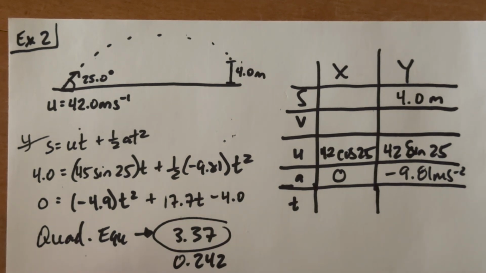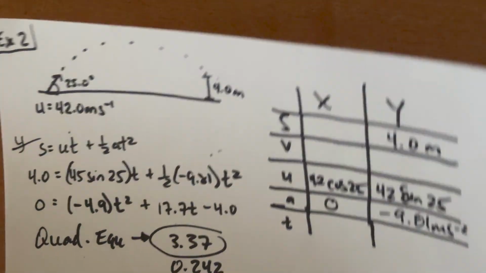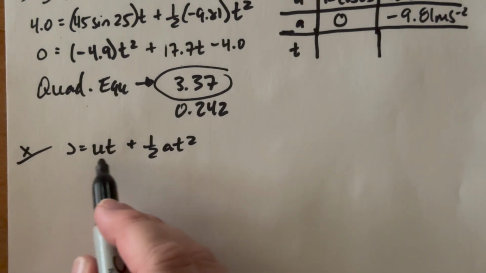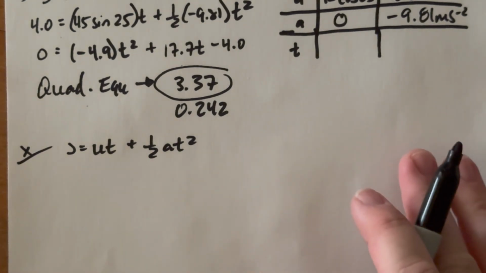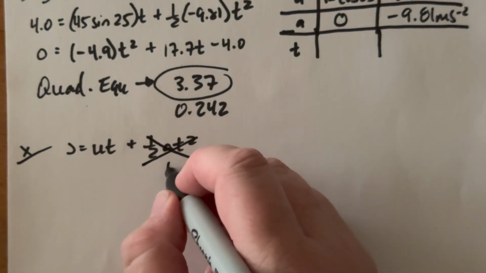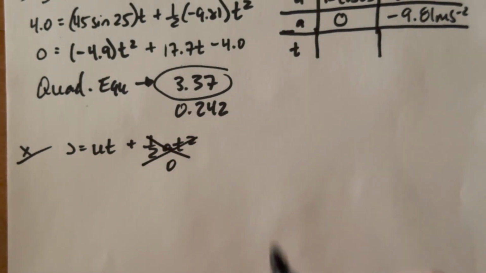The second thing I'll do is in the x direction. And in the x direction, we can say s equals ut plus 1/2 at squared. X direction is delightful. Oops, can't see that. Let's try it again. In the x direction, I have s equals ut plus 1/2 at squared. And in the x direction, a is equal to 0, so we can take that off completely.